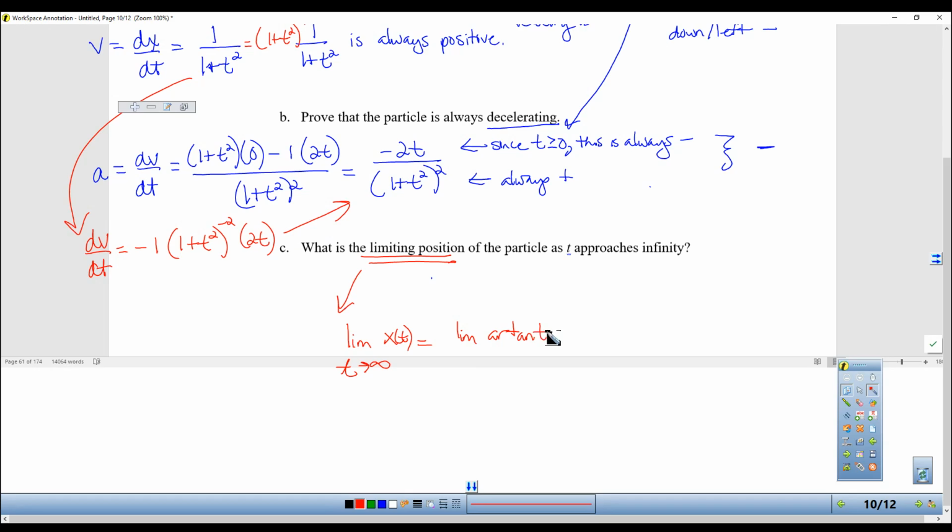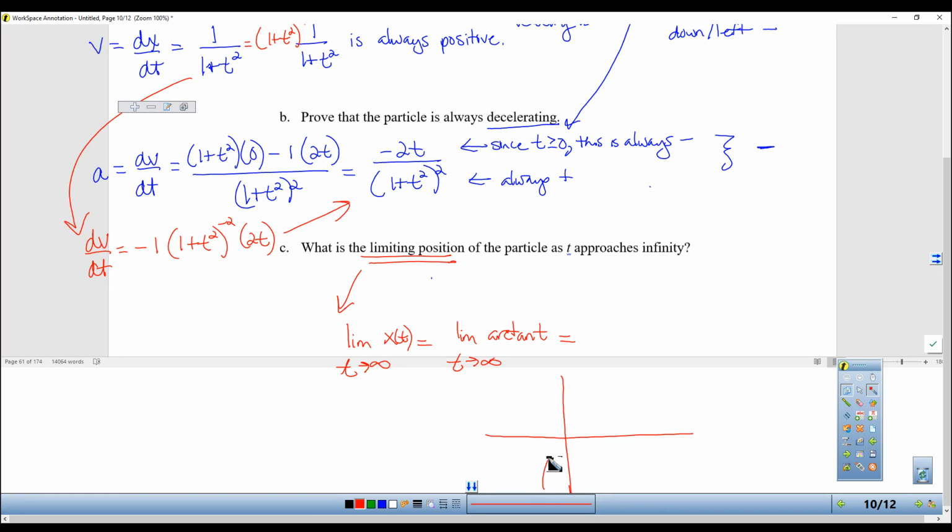Arctan of t as t goes to infinity. How are you going to figure that out? So way number 1 is to plug infinity in, which obviously you can't do. Way number 2 is to simplify algebraically, which you're not going to do. And way number 3 is to make a graph.